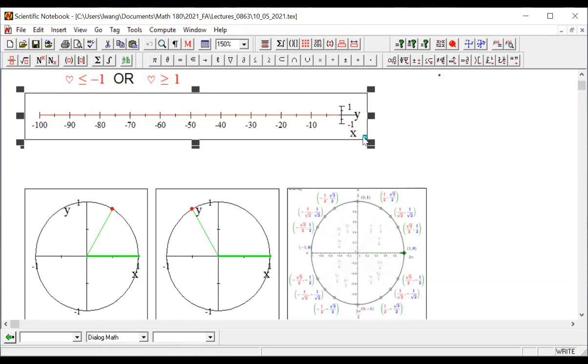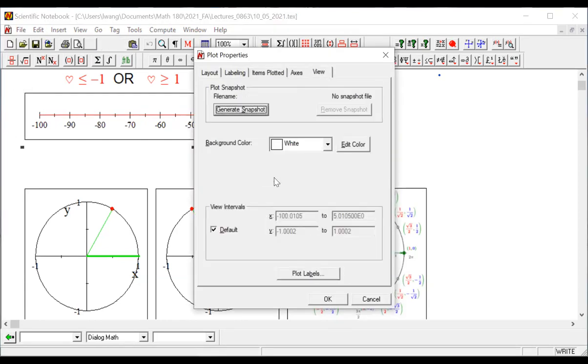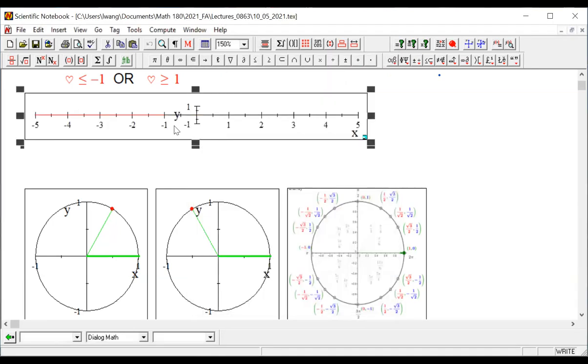Never mind. I'm going to set the interval properly. Okay, so that you see that red, that's the less than or equal to -1 piece.